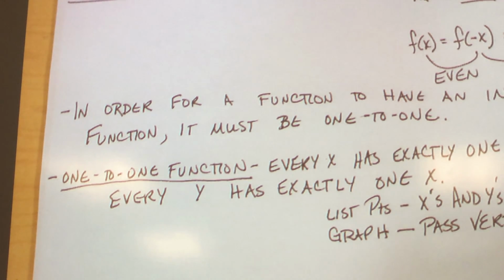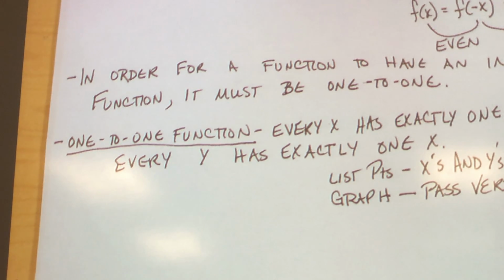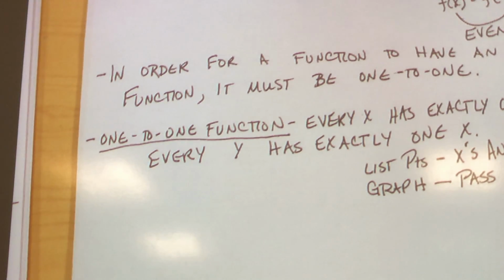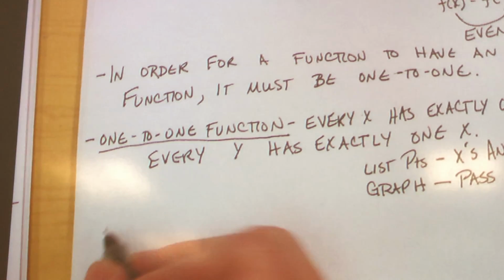So no parabolas? Oh, that's something really to think about. No parabola, they got two y's. Yes, or, I mean, if it's horizontal, it's got two. Yes. It won't pass the horizontal line test. All right, one more thing we need to learn before we get started, okay?